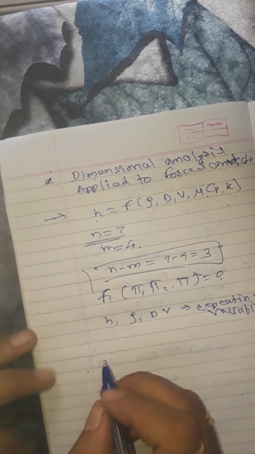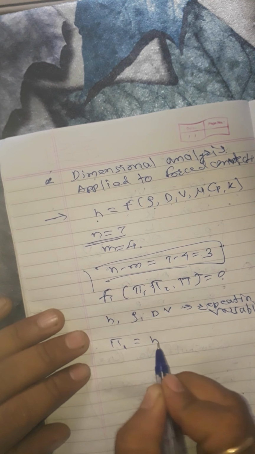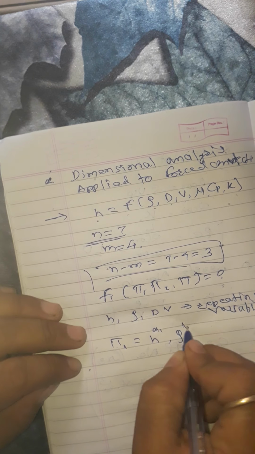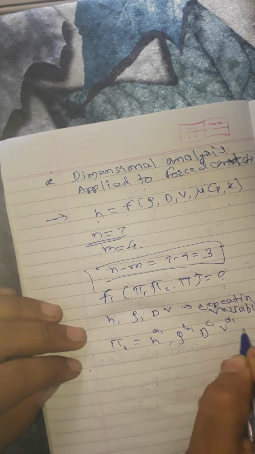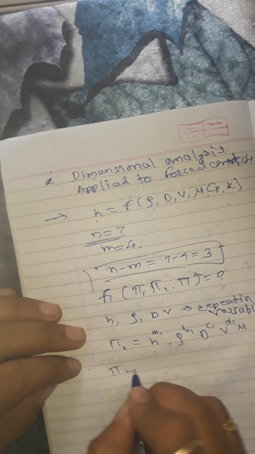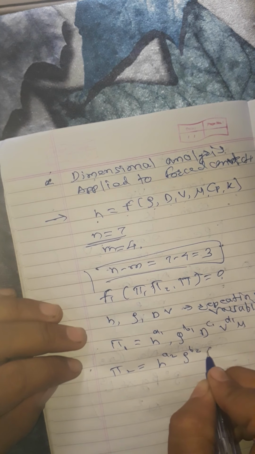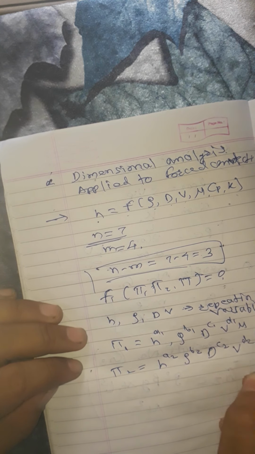These are the repeating variables with unknown exponents. So pi 1 is equal to h raised to a1, rho raised to b1, d raised to c1, v raised to d1, into mu. Similarly pi 2 is equal to h raised to a2, rho raised to b2, d raised to c2 and v raised to d2, into Cp.